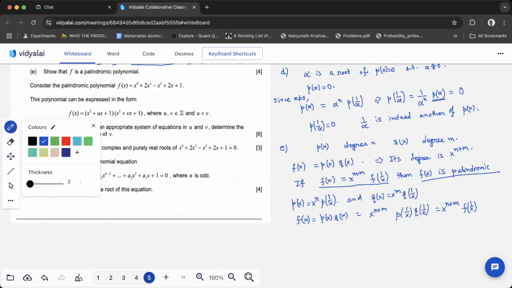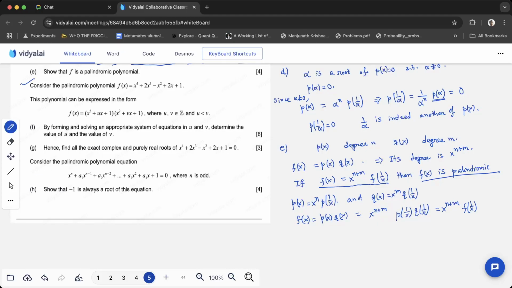Now it says, consider the palindromic polynomial x to the power 4 plus 2x cubed minus x squared plus 2x plus 1. This polynomial can be expressed in this form. So now we are expressing f of x in p of x and q of x form, where both p of x and q of x are palindromic. So notice that if this is p of x, then its sequence of coefficients is 1, u, 1.